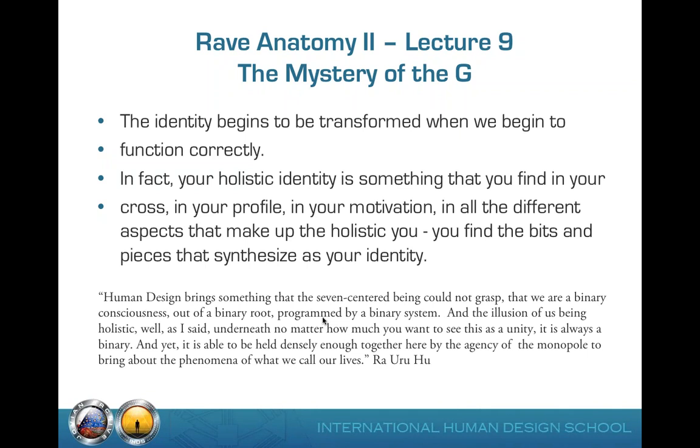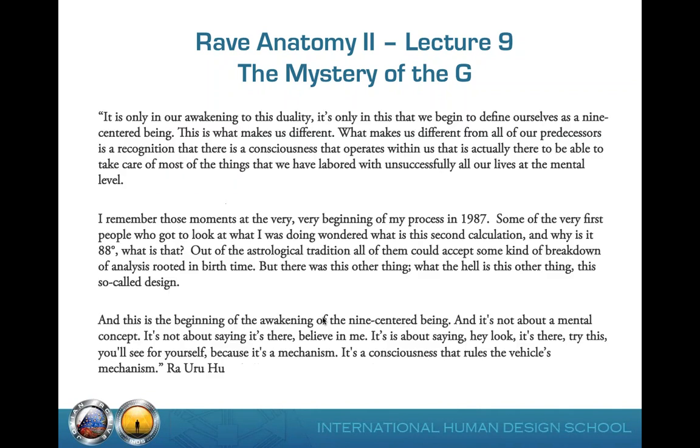So underneath this unity, underneath all of that is this binary. Strategy and authority brings that binary together, to bring it together as a holistic being walking on the planet.